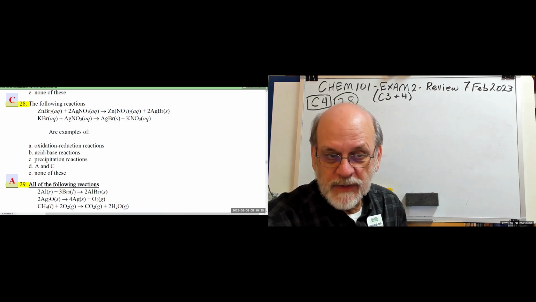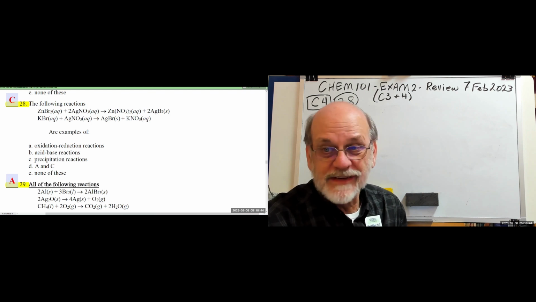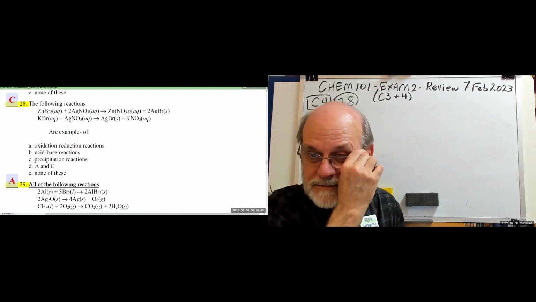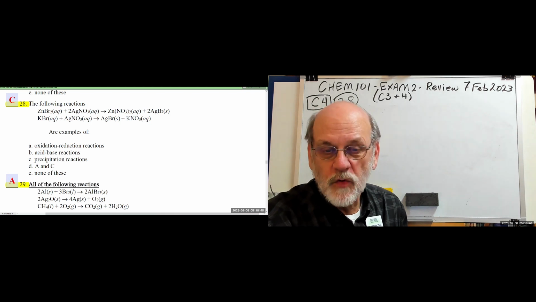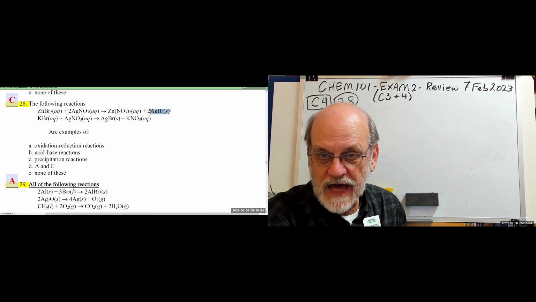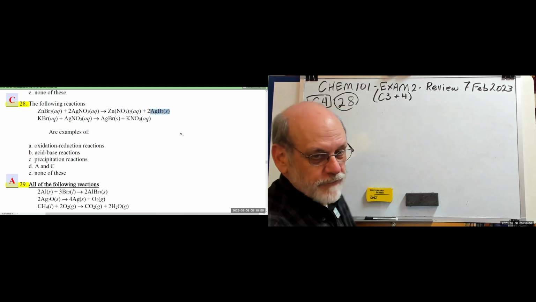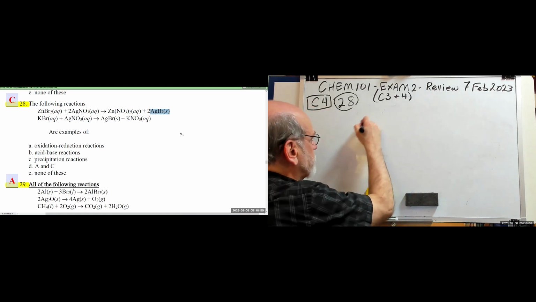Well, the silver trades places with the zinc. So silver and bromine get together. There's the silver and bromine. And the zinc and the nitrate get together, only it's still in solution. Right? So what type of reaction is this? It's a precipitation reaction, right? Because you get this solid. So the first one is precipitation.